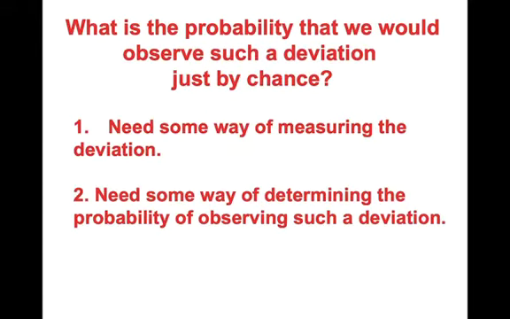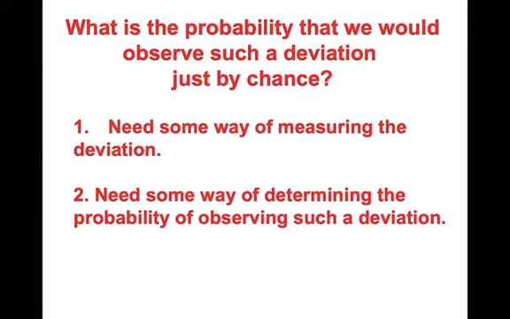So the way we do that is we have to do 2 things. One, we need some way of measuring the deviation from what we observe compared to what we expected based on Mendel's rules. And then 2, once we have that way of measuring the actual magnitude of the deviation, we need a framework to determine what the probability of observing such a deviation would be.